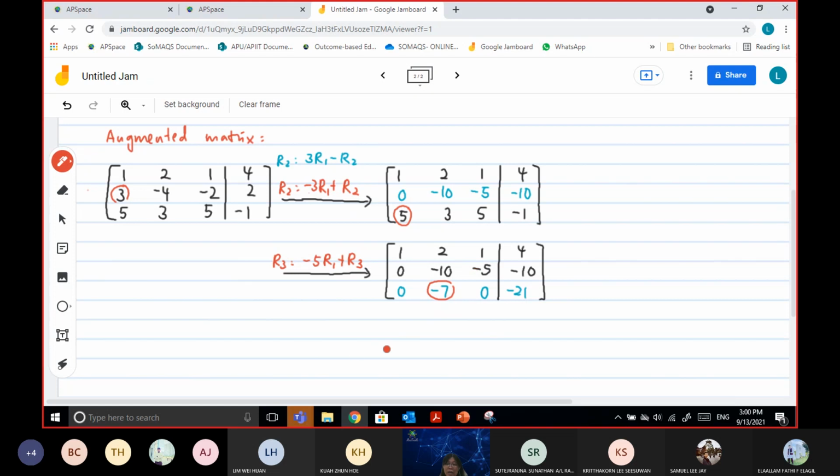That means if I refer to the last row, it will give me an equation with one unknown. That means I can solve for the value of y. Let me show you this separately later.